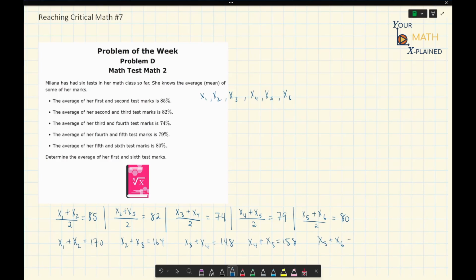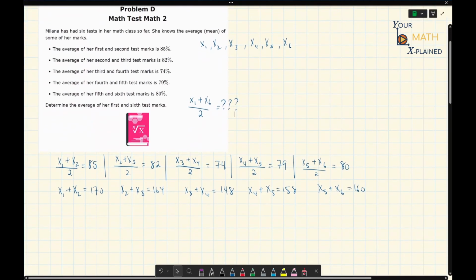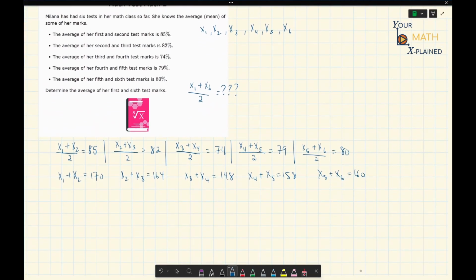So finally, our goal right now, the question is asking us what is the average between the first and the 6th test. So we would want to divide that by 2 and we'll see what the result is. What we notice here is that our final result should only have 2 variables in it. That's x1 and x6.